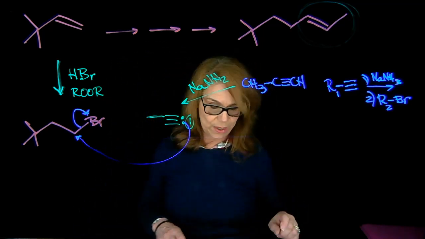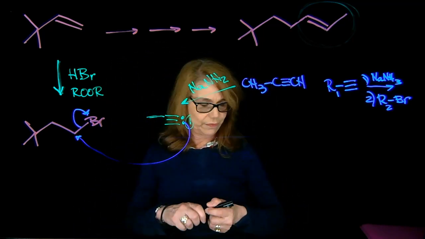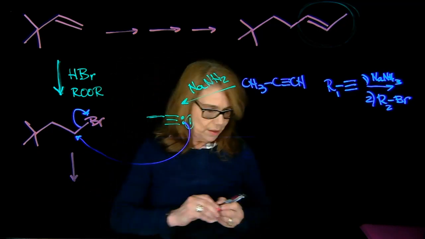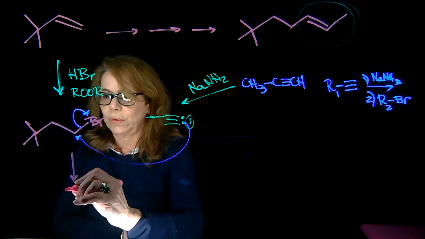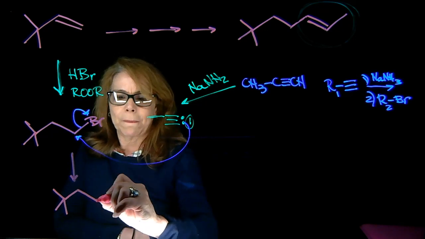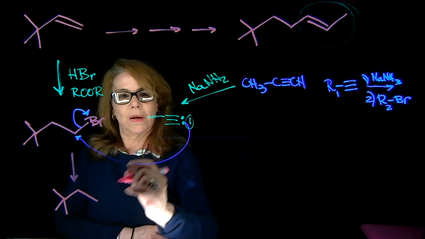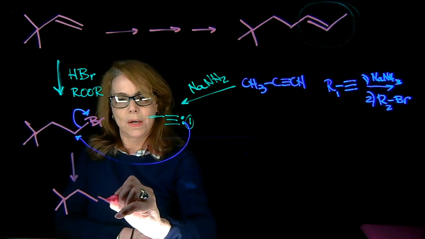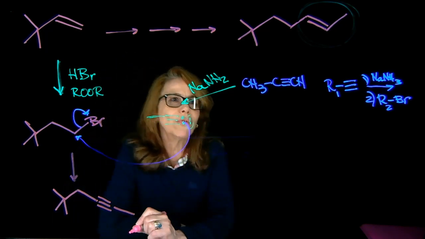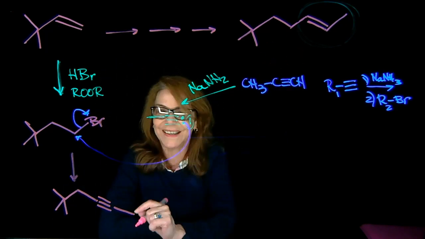So let's draw what results at the end of the reaction. Here we will have the following. So this part will draw the same. And now here I will have the 1, 2, and 3, and 1 more carbon. So how far are we from that? Not that far.